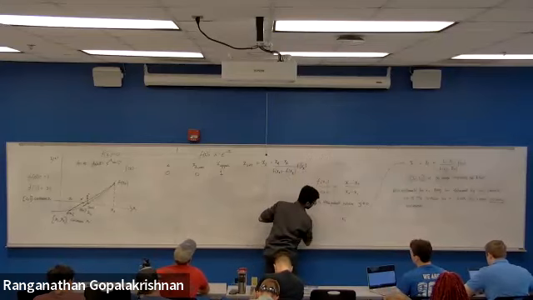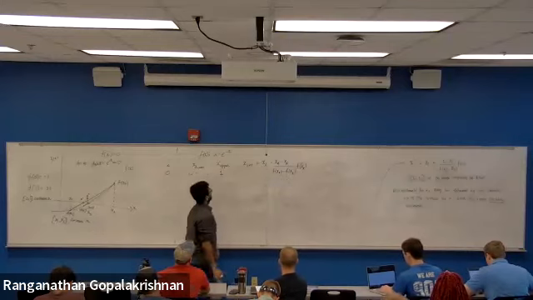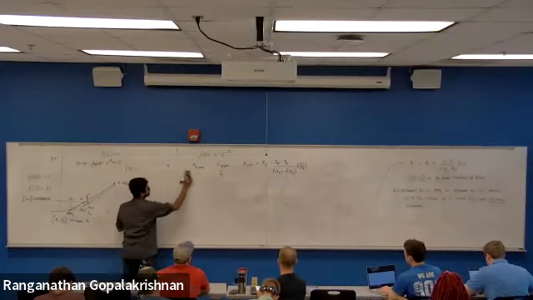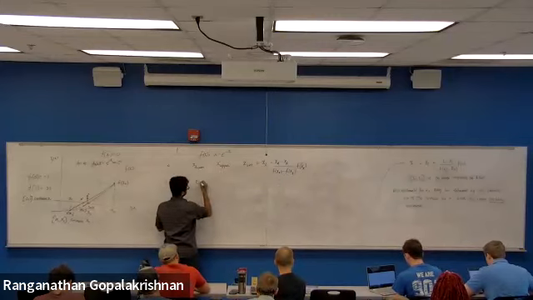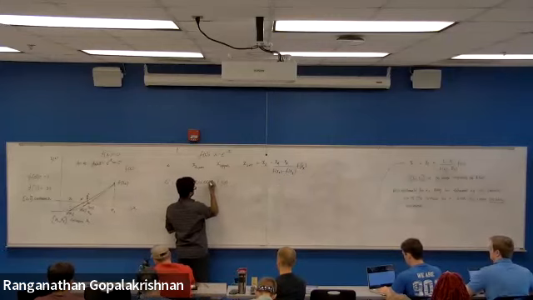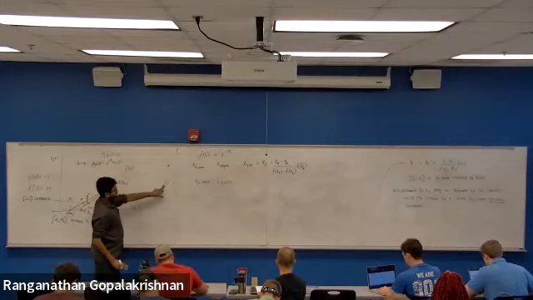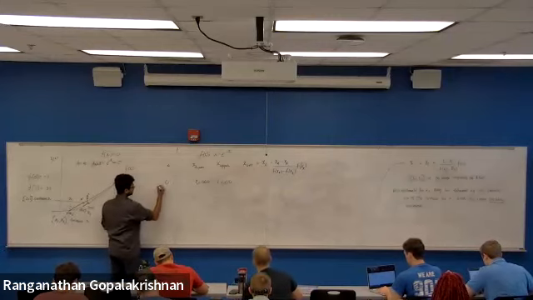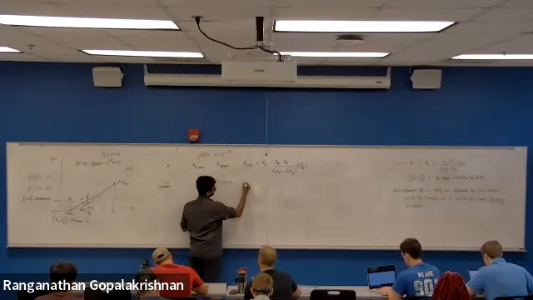So x lower is 0.00, x upper is 1.00. And now i is 0. So this is current, and this is sort of like next.